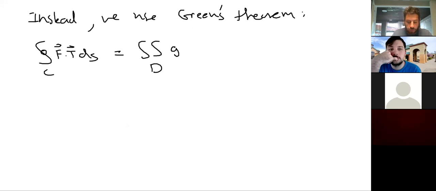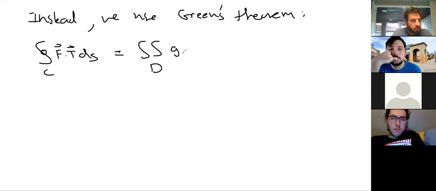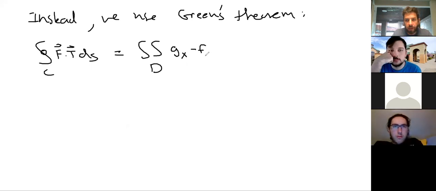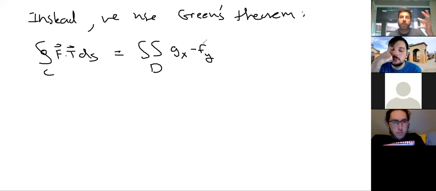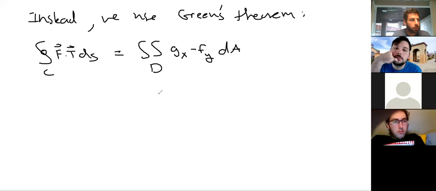By the way, there's symmetry with this. g is the second component, but we take the partial with respect to the first variable, which is x, and then f is the first component of capital F, but we take the partial with respect to the second variable, which is y. So let's remind ourselves of what everything is. This first thing is Green's theorem.